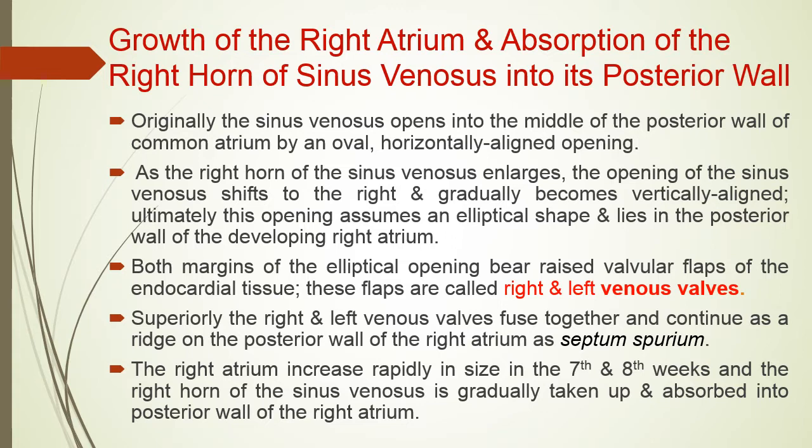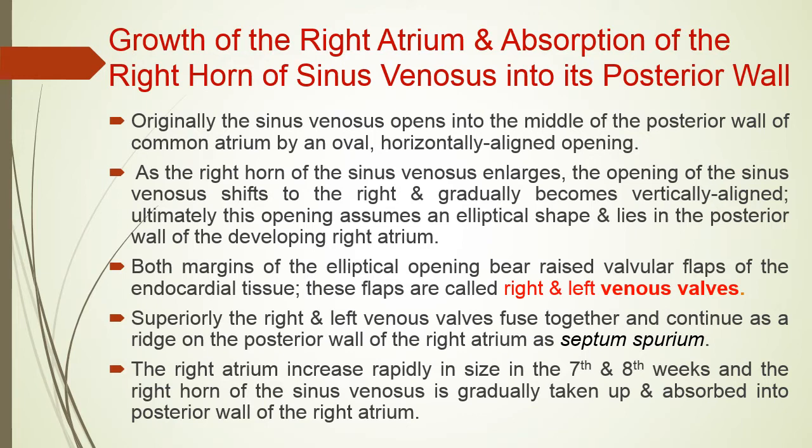We discussed that the right horn of the sinus venosus becomes larger in size, while the left horn becomes much smaller and remains as the coronary sinus and oblique vein of the left atrium. But the right horn becomes larger and its opening moves to the center of the right atrium, and this opening is a vertical elliptical opening.